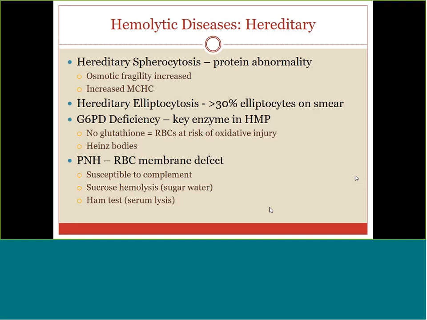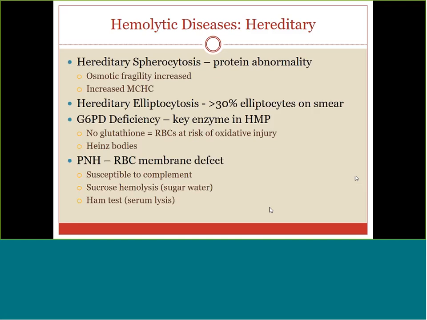So hereditary spherocytosis, because you have spherocytes, again, you'll see that high MCHC present. The test that's really key to diagnosing this and knowing that it's truly spherocytes is osmotic fragility. So in that osmotic fragility, they take the patient's cells and basically you can just say they add water.